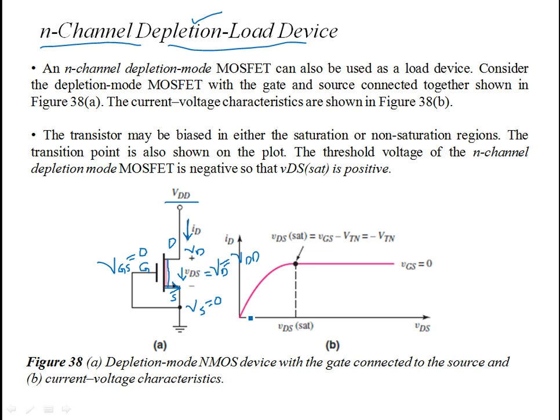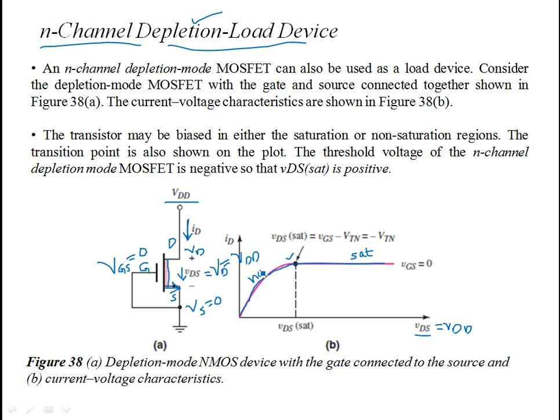If you look at the curve, first of all you will observe that we have this current ID, and there are saturation and non-saturation regions. Past this point, the depletion type transistor is in the sat region. For low values of VDS, which is equal to VD, and in this configuration primarily VDD, this is non-sat.